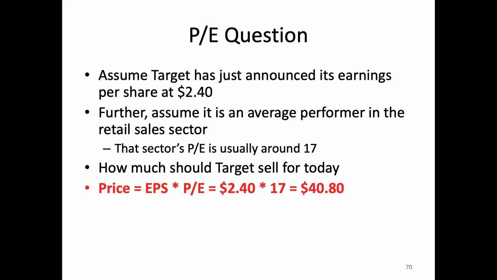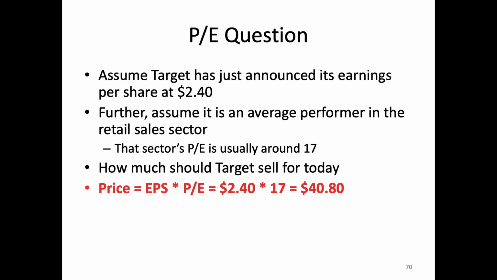We're not discounting like when we do D1 divided by Rs minus g. We're not finding the present value. Here, we're not doing anything like that. It's more of a down and dirty technique. You take the earnings that were just announced, and then you figure out what the PE is that's typical in that sector. In this case, it's Target's retail.